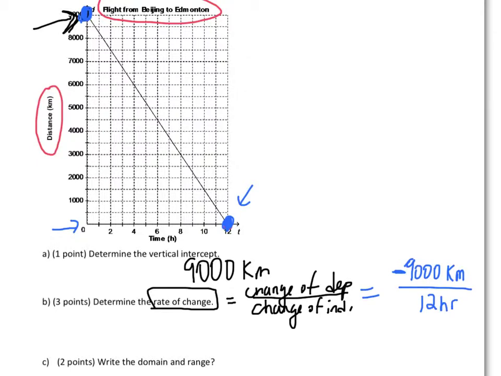And this one's positive. As I go from left up here to right down here, time goes from 0 to 12 hours. So it increases by 12. Okay, if you calculate that out, by the way, negative 9,000 over 12 gives you negative 750 kilometers per hour.